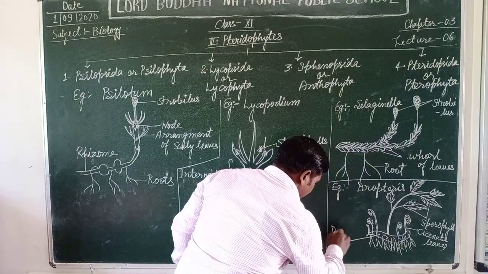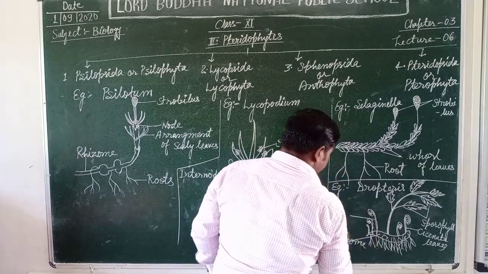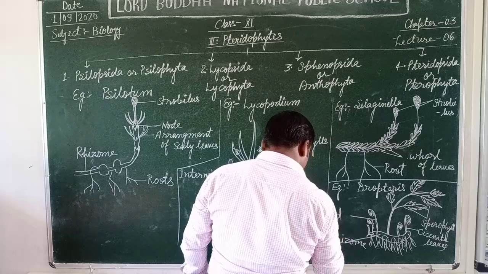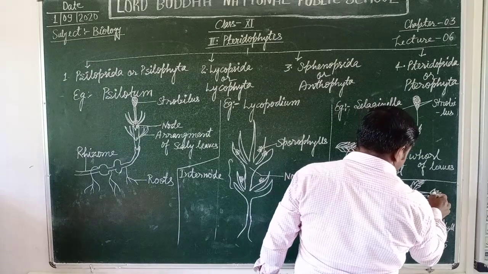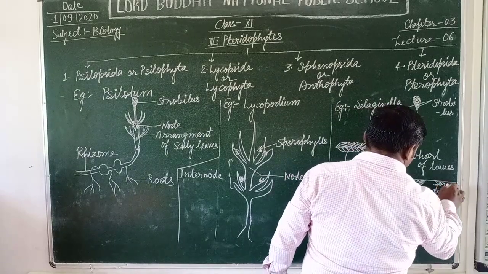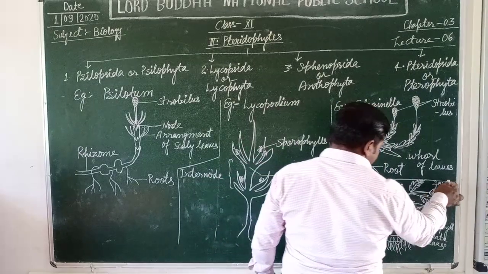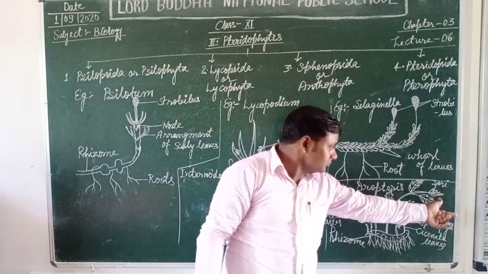This is the rhizome. The coiled leaves. And these are the sori, S-O-R-I. Sori are the structures that are present under the surface of the sporophylls.